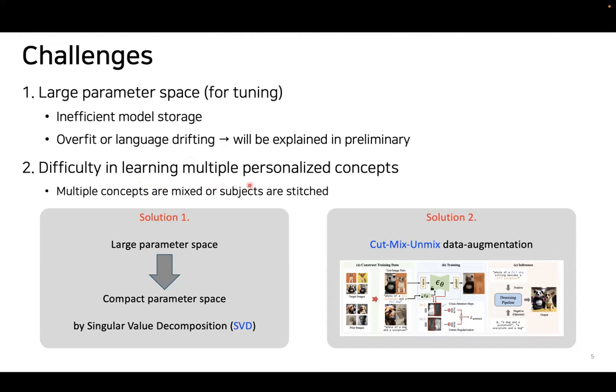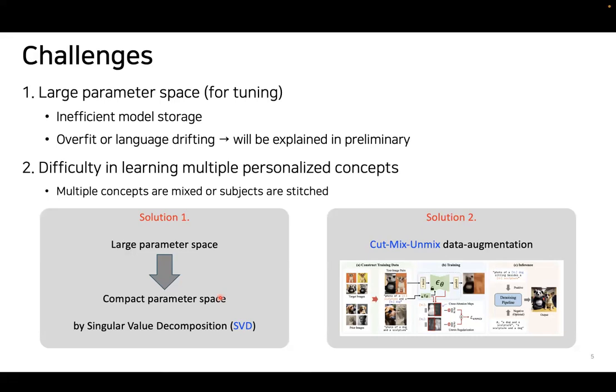This paper tackles it with two methods. One solution is that, since we have a large parameter space, how about we make a compact parameter space with the singular value decomposition technique? So this is solution one. And solution two is that they propose the Cut-Mix or mixed data augmentation technique.